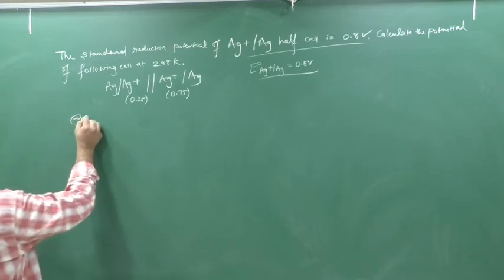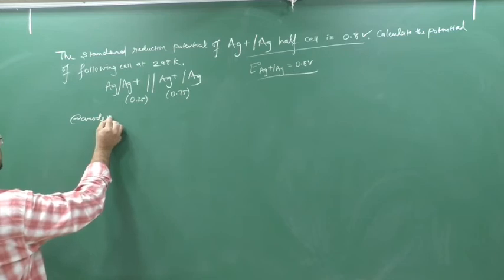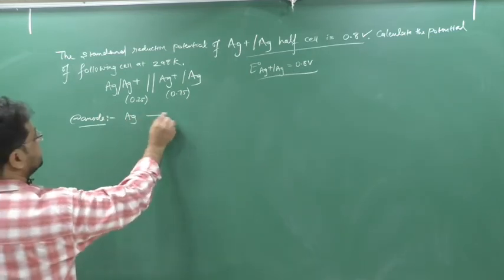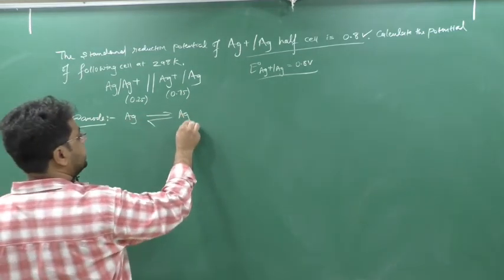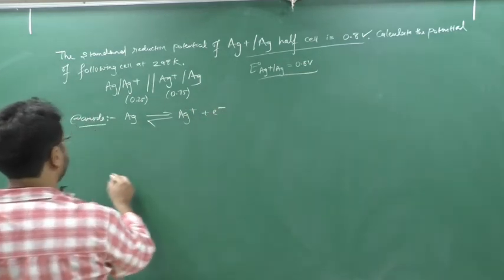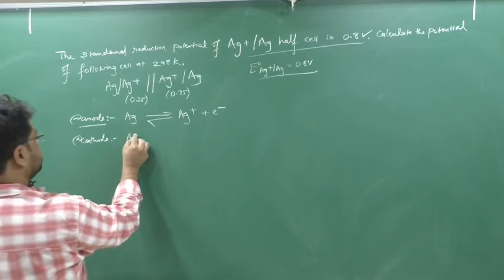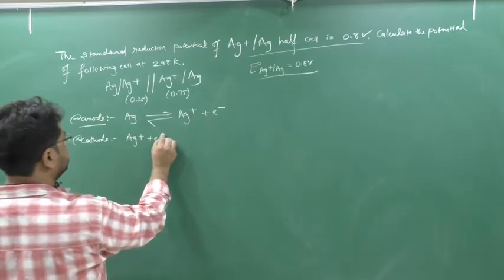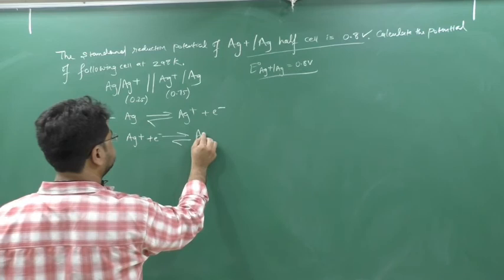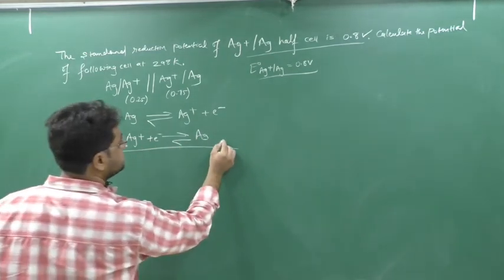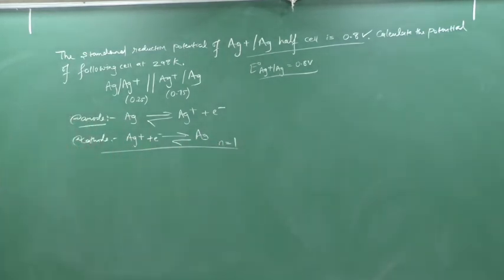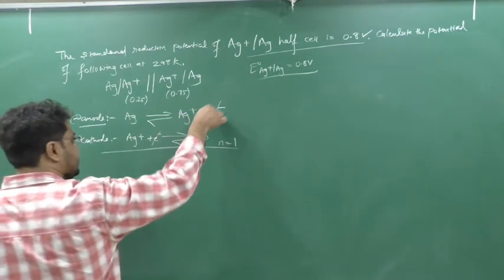So at the anode, Ag converts into Ag+ plus an electron. At the cathode, Ag+ plus an electron gives Ag. Here n is equal to 1, so the electron gets cancelled.